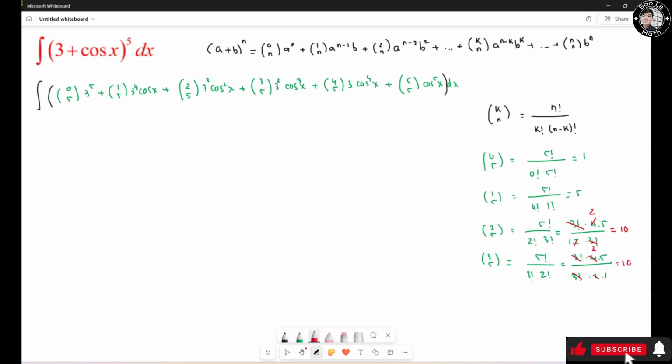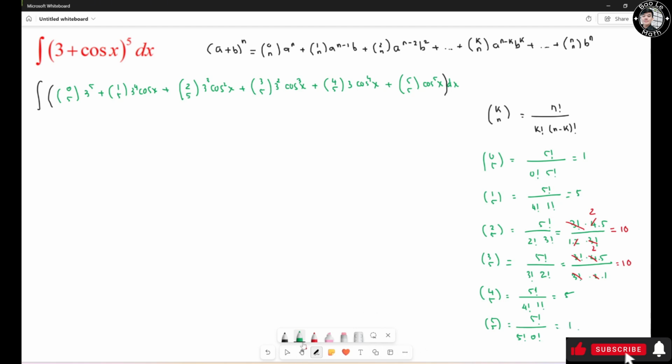So the answer is 10. Next one, combination of 4, 5. It's going to be 5 factorial over 4 factorial times 1 factorial, so it's going to be 5. And the last one, combination of 5, 5, is going to be 5 factorial over 5 factorial times 0 factorial, so it's equal to 1.